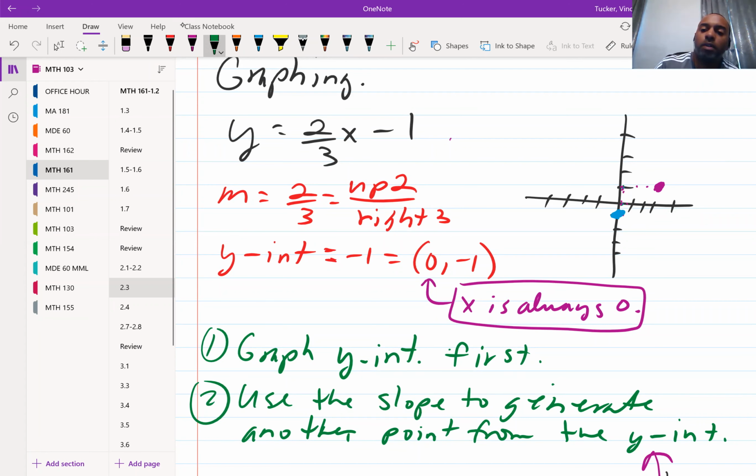Or if you want to cancel before you multiply, you could have done so as well. But just multiplying across, that gives you a positive 8 over 4, which is 2. So that's how we got this 2 right here. And then add 5 to both sides. It's -1/4 x plus 7.